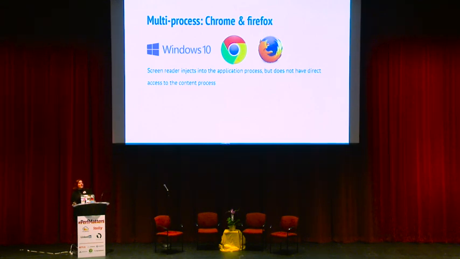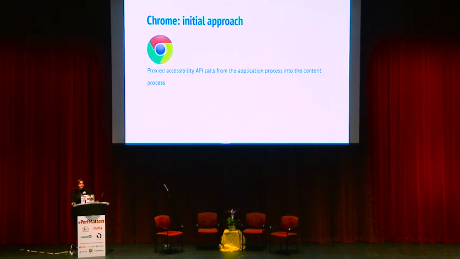Chrome and Firefox, on the other hand, do multiprocessing in a slightly different way. They both let the screen reader exist inside the application process, so there's still a fairly close relationship between the screen reader and the browser, but they don't allow access directly into the content processes. Again, typically we've got divergence here too. Both of those browsers manage that relationship in slightly different ways.